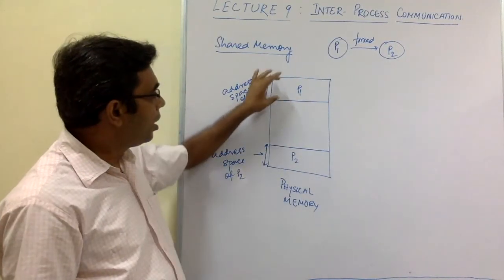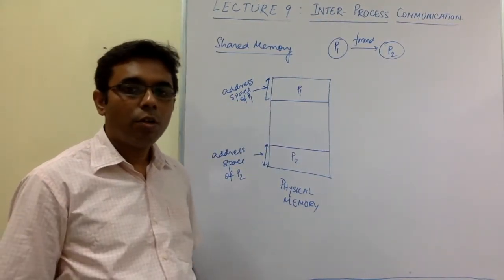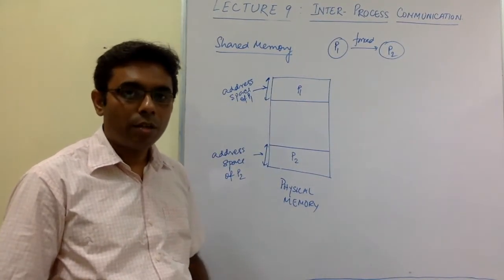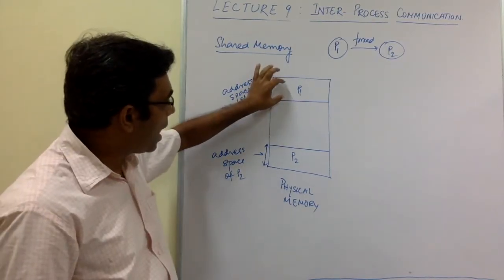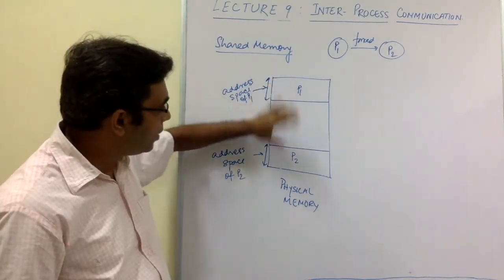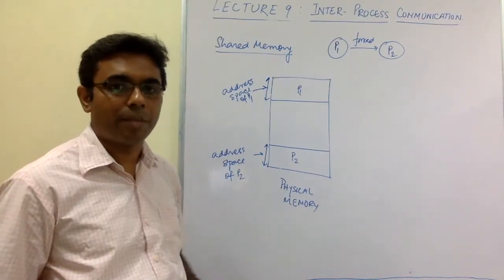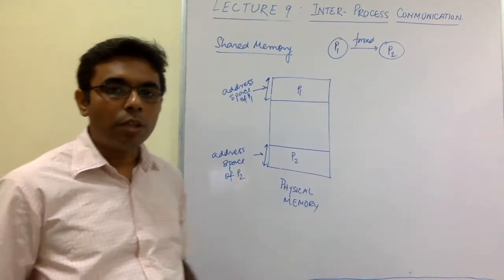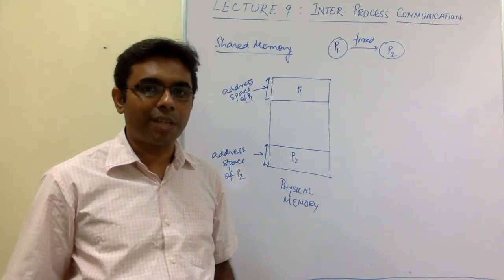Now let's say these two processes would like some memory segment to be shared. What is the process to do that? In order to have a shared memory between P1 and P2, either of them must request the operating system to provide such a shared segment. That means the operating system keeps track of a number of such shared segments.